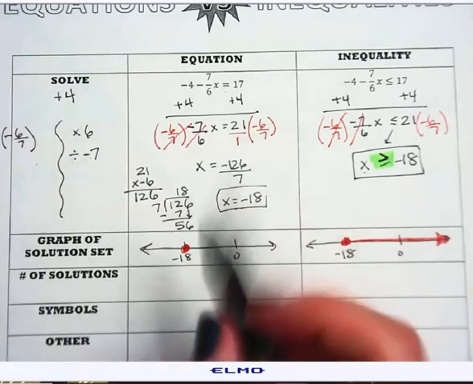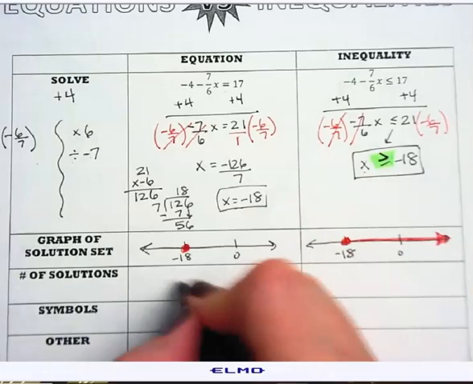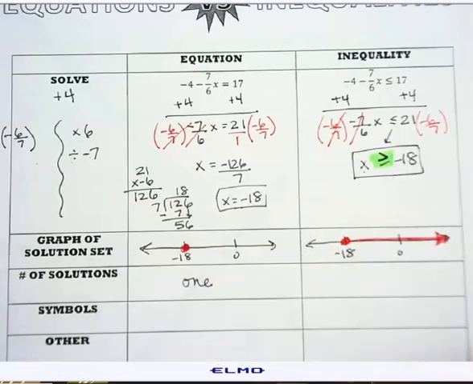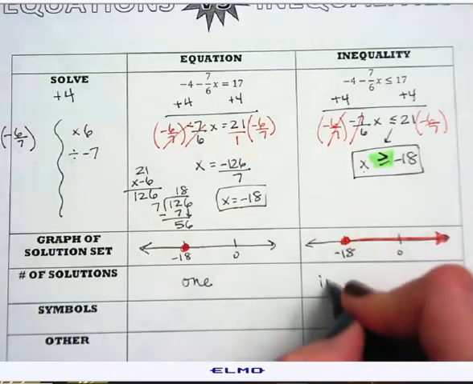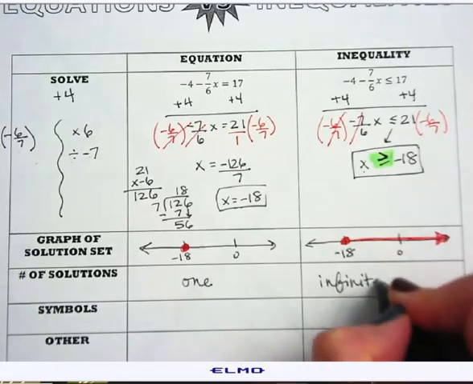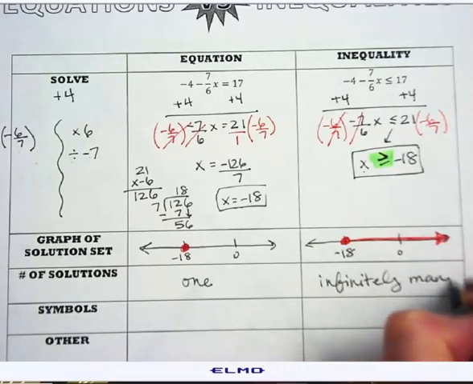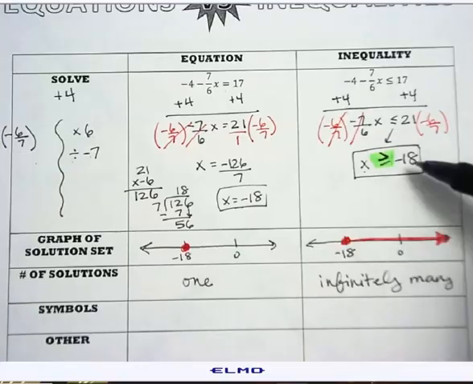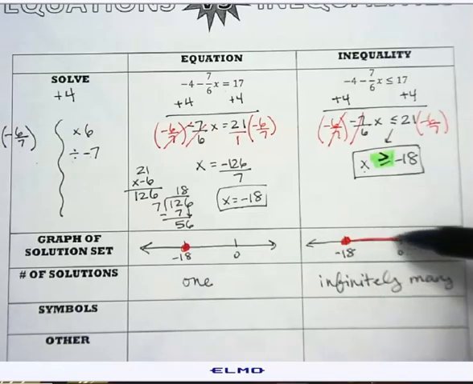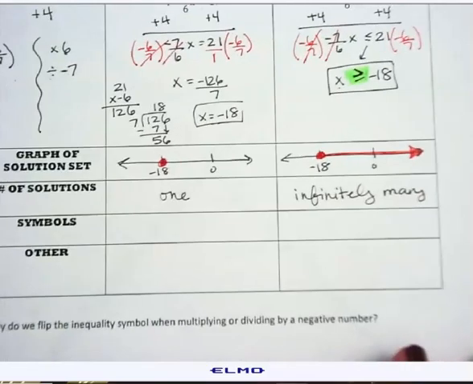We would say that the number of solutions for the equation is 1, and for the inequality, it has infinitely many, because this shaded section represents all the solutions to this inequality. I could find infinitely many numbers here because it goes out to positive infinity.